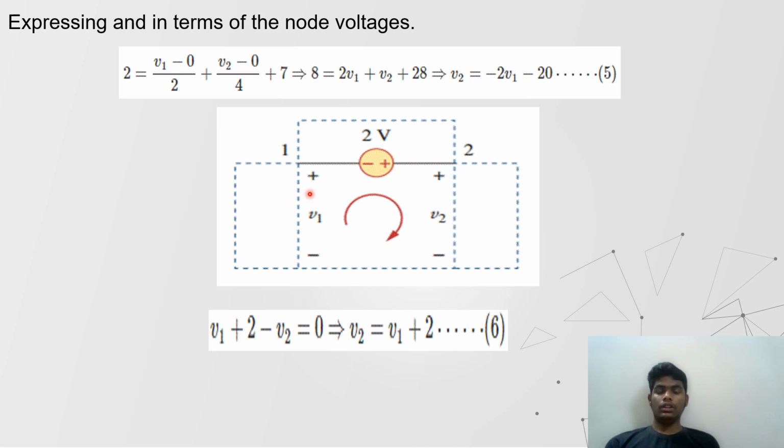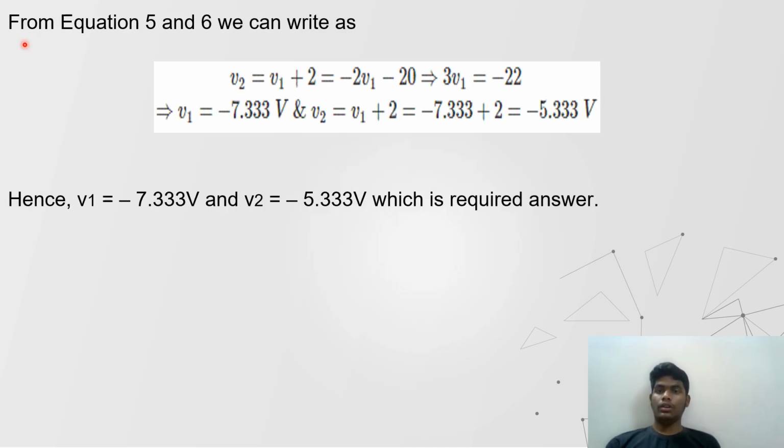From the given circuit we can observe that from v1 to v2 the source is going on. Then v1 plus 2 minus v2 is equal to 0, where v2 is equal to v1 plus 2, that is the sixth equation. By solving 5 and 6, we can write v2 is equal to v1 plus 2, that is equal to minus 2v1 minus 20, that is 3v1 is equal to minus 22.